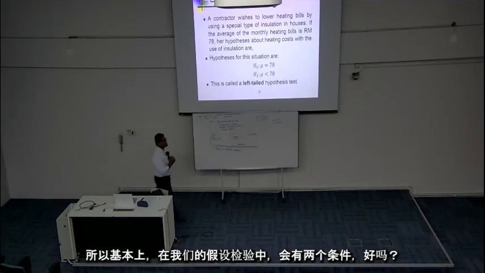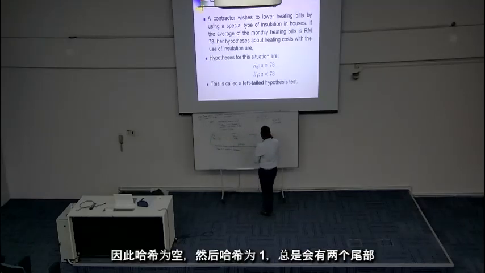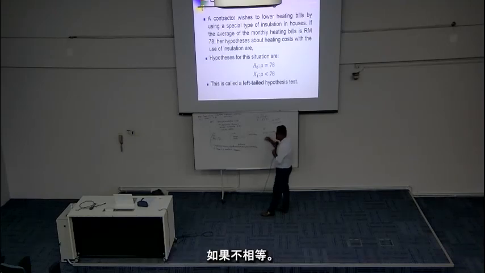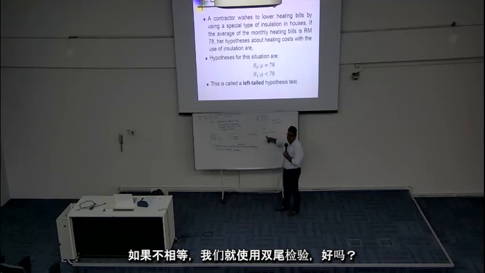Basically in our hypothesis testing, there will be two conditions: H null and then H1. If H1 is not equal, we use the two tail test.